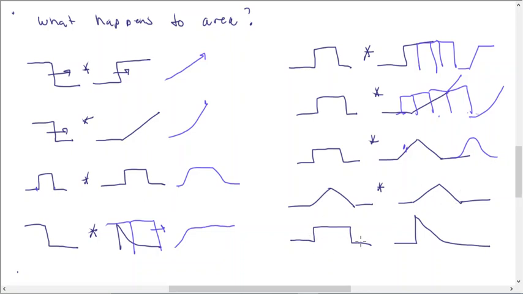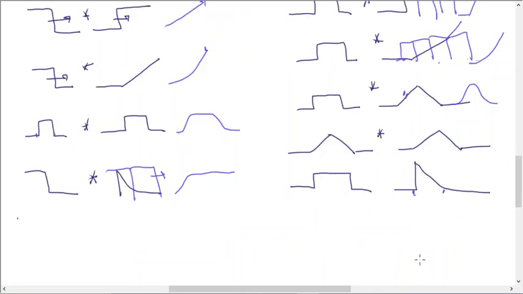And then here we have a rectangle times something that effectively starts and ends at 0, right? So what will happen, and that's an exponential. So you get some kind of exponential and then some kind of exponential decay.